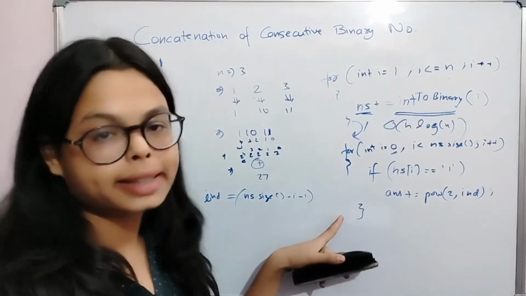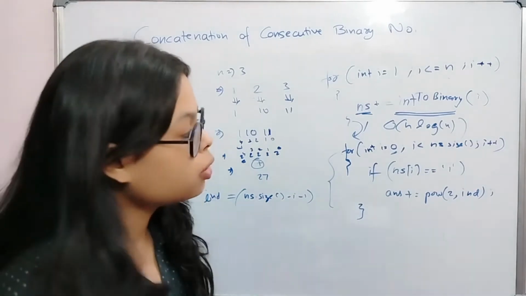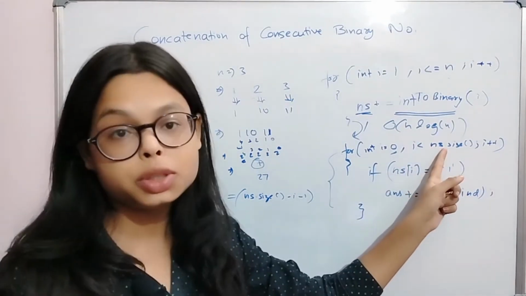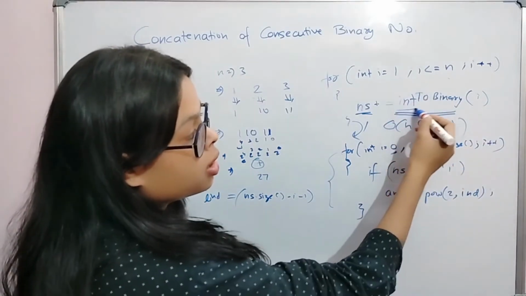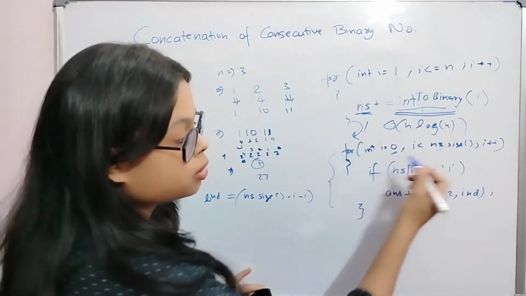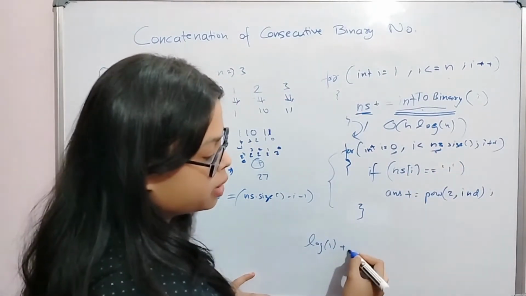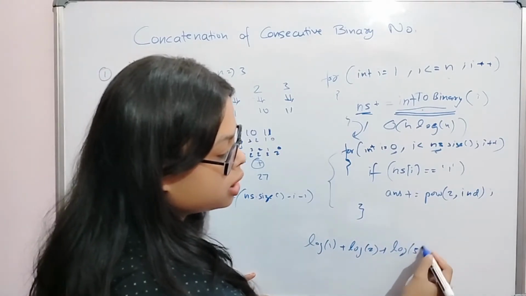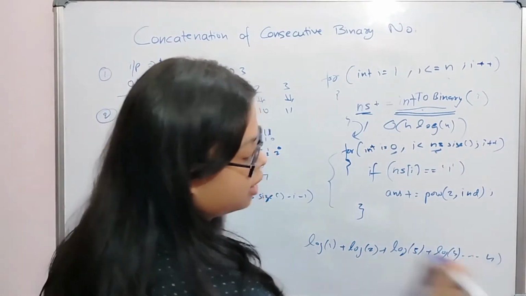Now coming to the second part, what will be the time complexity of this loop? The size of the new string can be written as log of 1 plus log of 2 plus log of 3 plus log of 4 and so on till n.